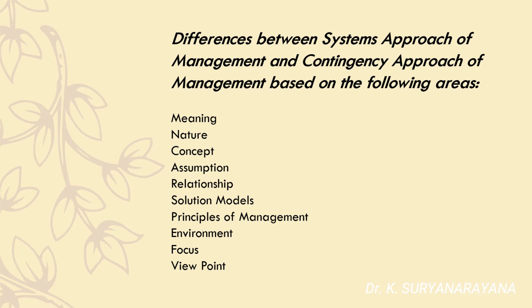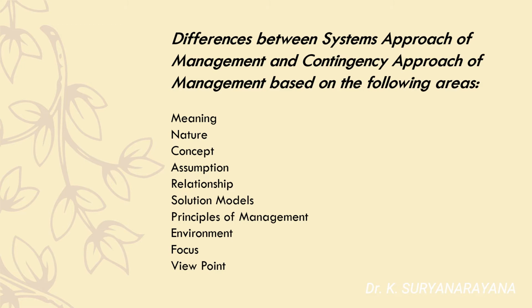Coming to the environment, systems theory approach is very much concerned with the internal environment of the organization, whereas the contingency theory approach is concerned with the external environment of the organization. Focus. In systems theory approach, much focus is on the process of production, whereas in contingency approach, the focus is much on minimizing the organizational problems.